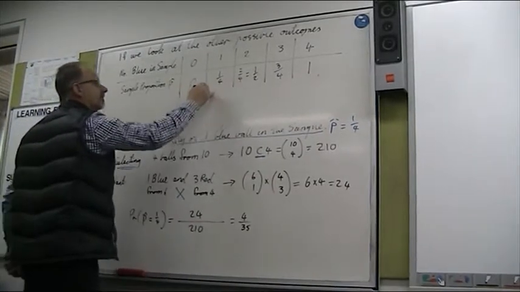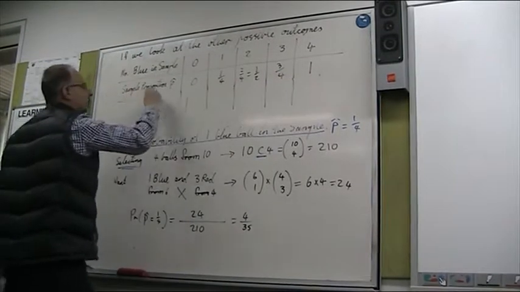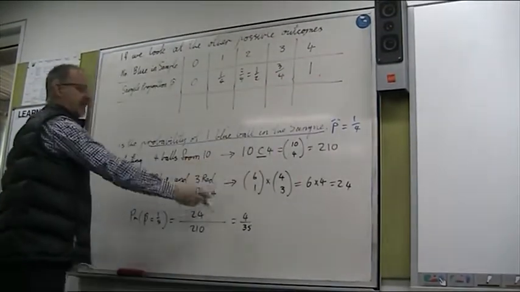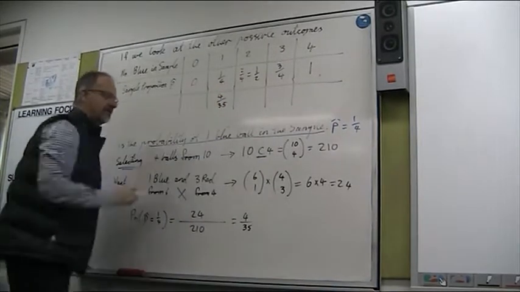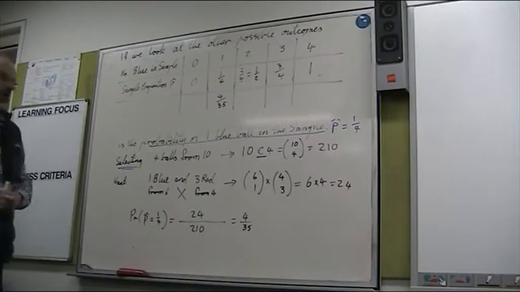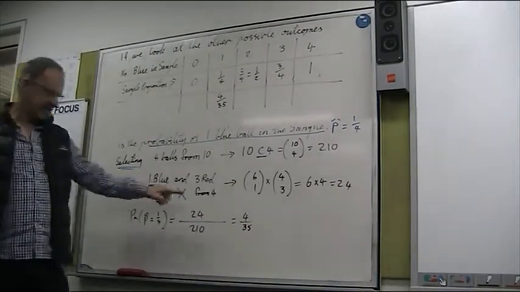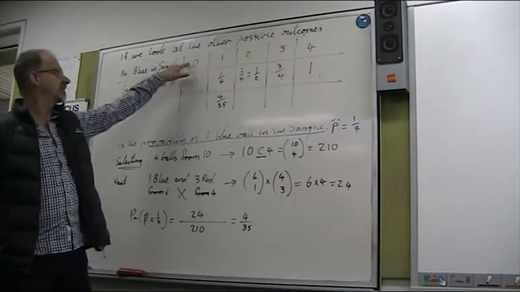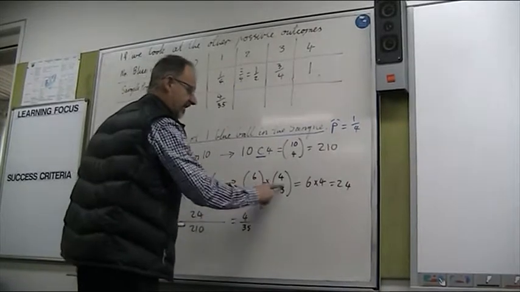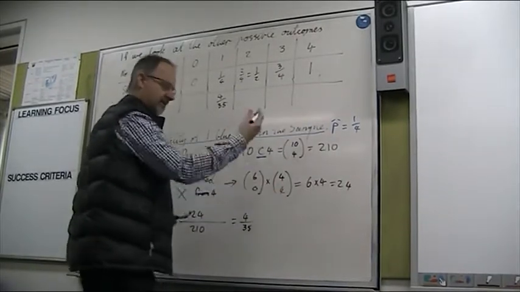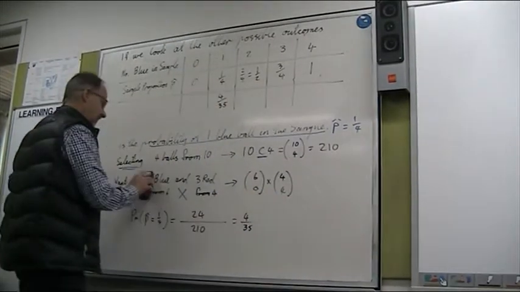Probabilities of each of those occurring, now we've already worked out this one here, which is 4/35, so if you follow the same kind of process, all you need to do is change this step here. So when you've got no blue balls, you change that to a 0 and that to a 4, to work that one out.